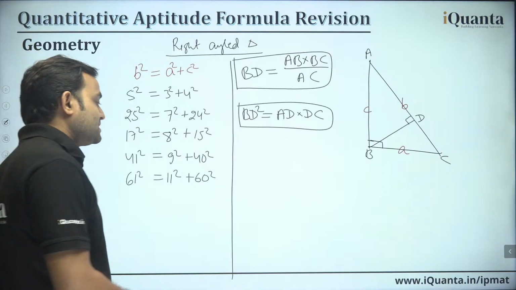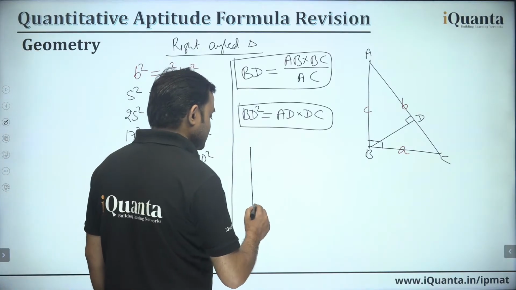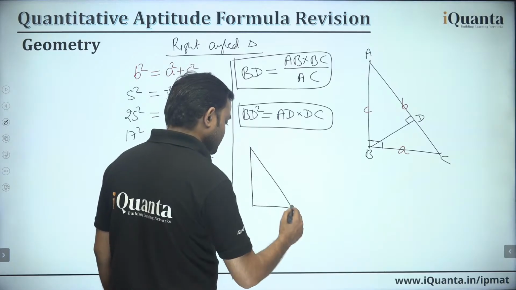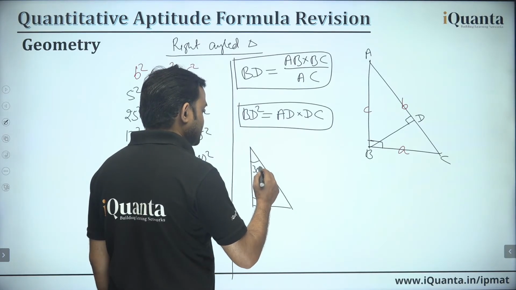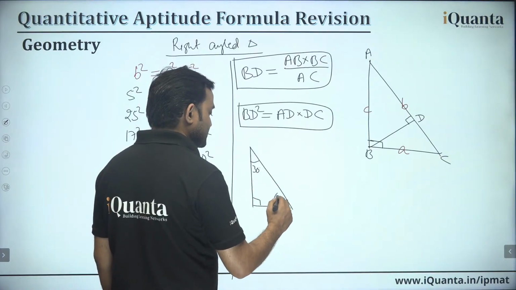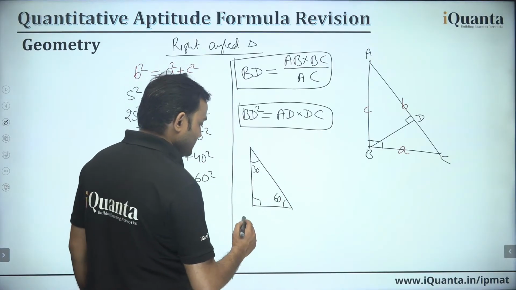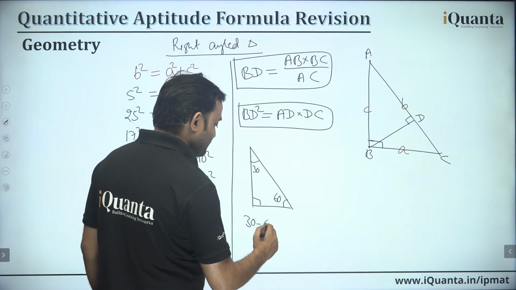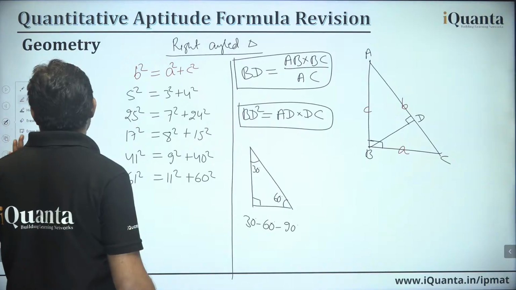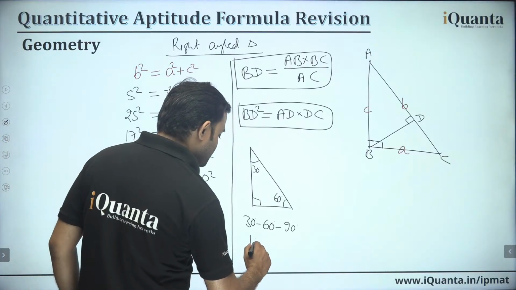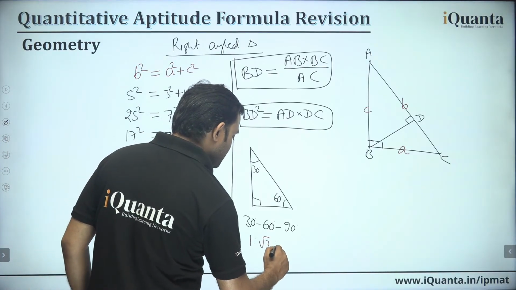Apart from this, there are few right angle triangles that you should know, like the 30, 60, 90 degree triangle. In any triangle with the angles 30, 60, 90, the ratio of sides will be 1:√3:2.